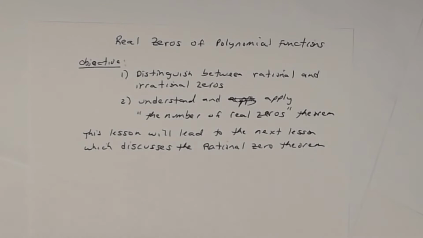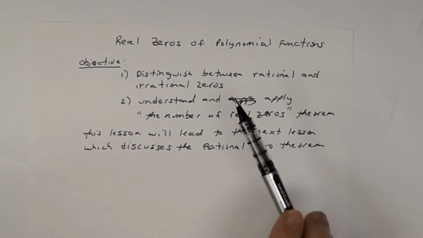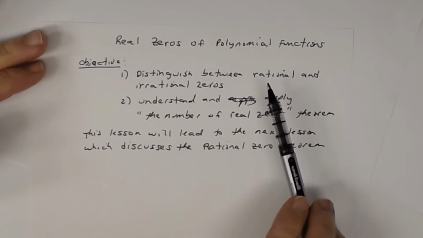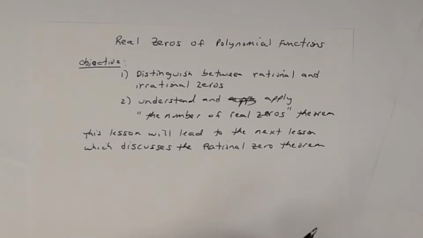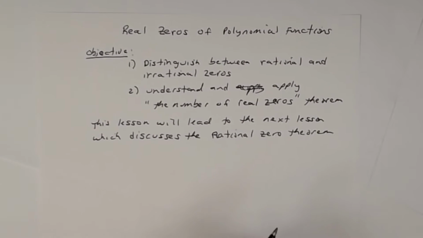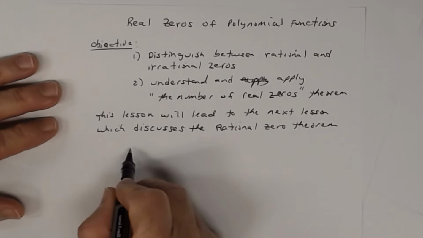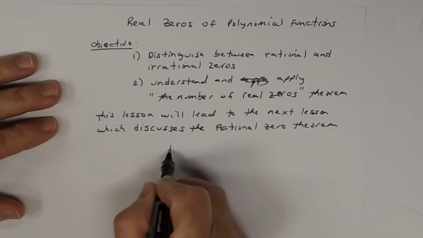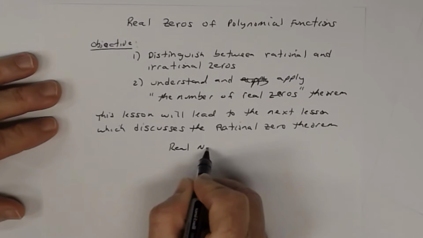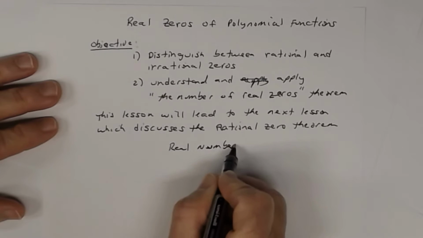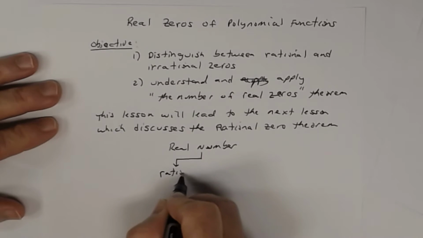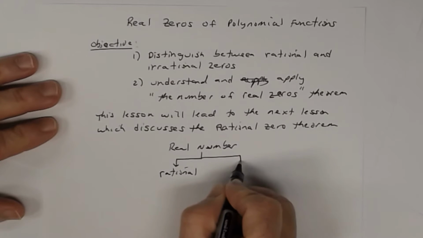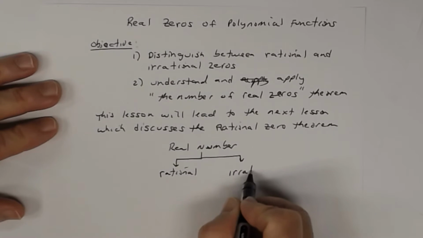In the first objective, make sure you understand what a rational number is and an irrational number is. So let's remind ourselves about rational and irrational numbers. Remember that a real number can be classified as a rational number or an irrational number.